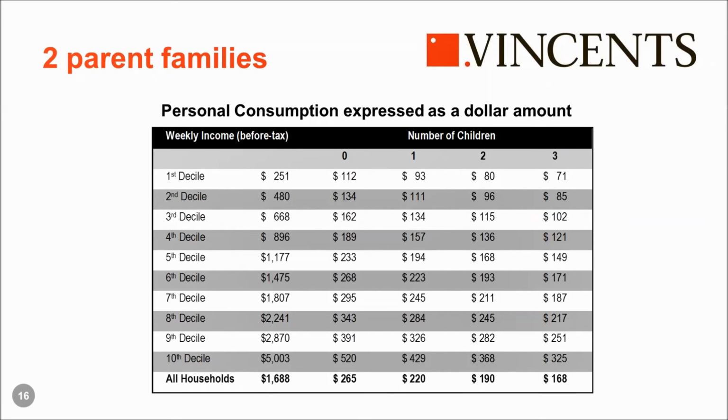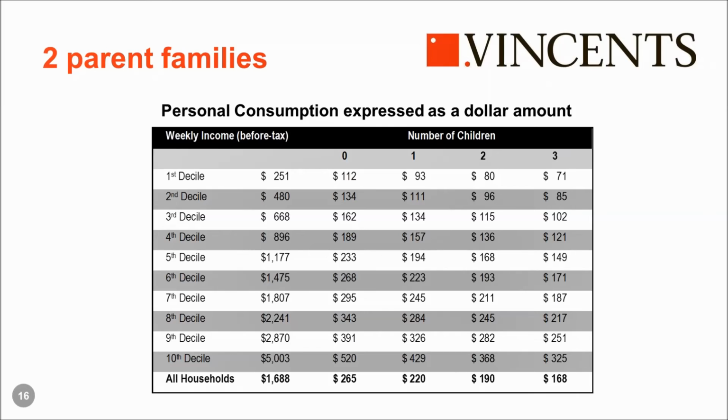So what we should just show you here is where we work through and say, for example, that the weekly income for the household was $1,200 per week. You're looking at the 5th and 6th decile. This is where the $1,200 fits in. And what it essentially says is that anyone in between those numbers at $1,200 probably has statistically personal consumption in a household of just a husband and wife between $233 and $268 per week.